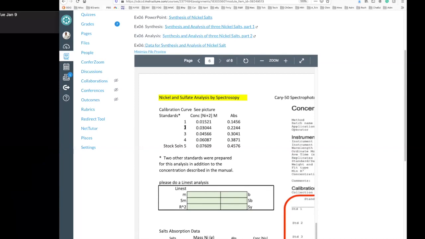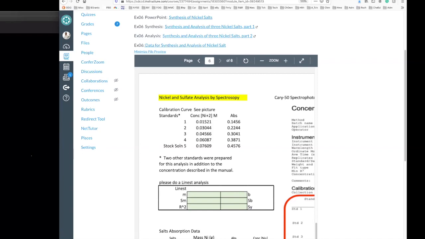You see these right here? These are the concentrations of the nickel, and then you record the absorbance. And so this was the stock solution. Solution number 5, and these were created based on this stock solution. So let me explain what's going on here.